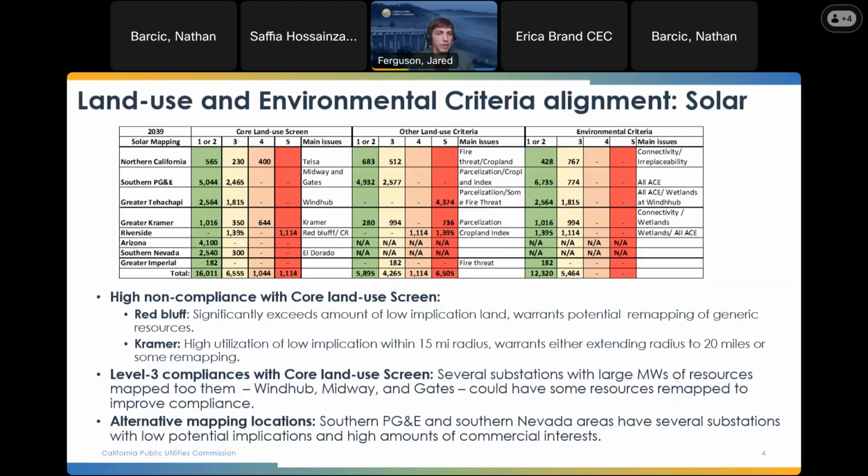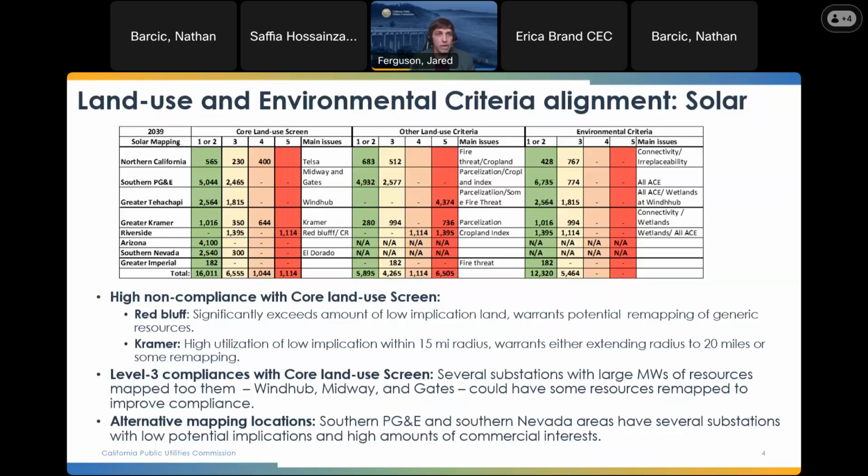The level 3 compliance stations, like I said, there's key ones that have a fair amount of solar: Wind Hub, Midway, and Gates. Those could have some resources remapped, particularly as we're looking at whether there are substations that have high confidence commercial interest that we haven't also mapped to and have available transmission capacity.